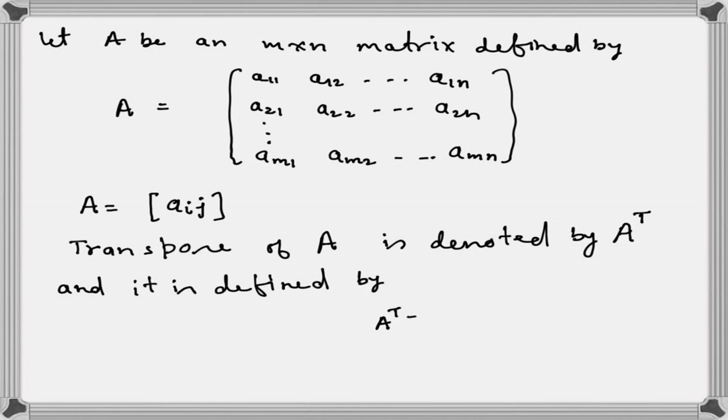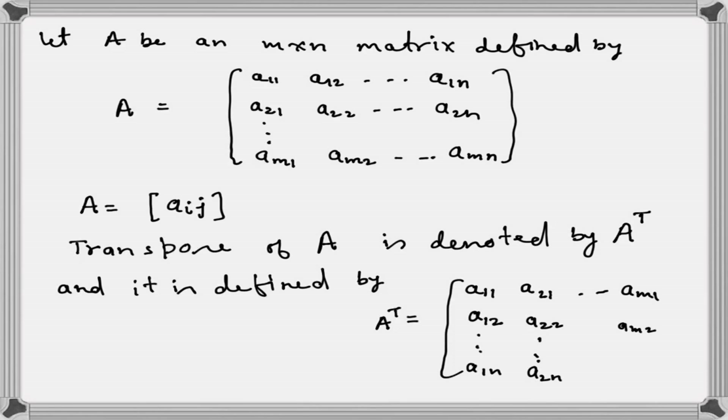That means A transpose is equal to a11, a12, a1n. The first column is replaced by the first row. Similarly, the second column is replaced by the second row, a21, a22, a2n, am1, am2, amn.